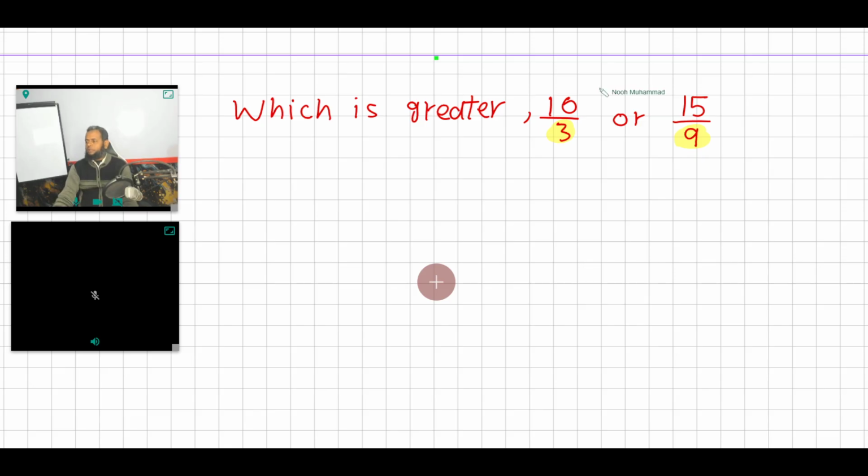Okay, good, very nice. You have 1 minute to complete it. 10 over 3. First you should solve here, okay? Give the space, also write 15 over 9.